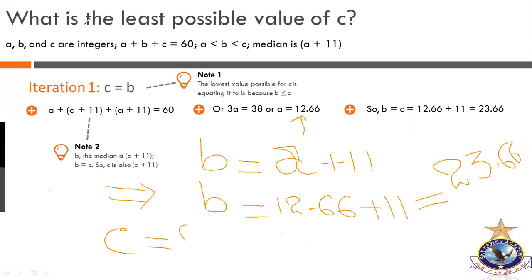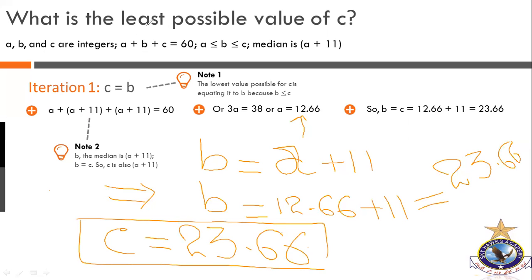Okay. So this is the point. Are you with me till now? Till here, it's C. Yep, that sounds good to me. In the beginning, note one: the lowest value possible for C is equating it to B, because C is greater than or equal to B, that was given.